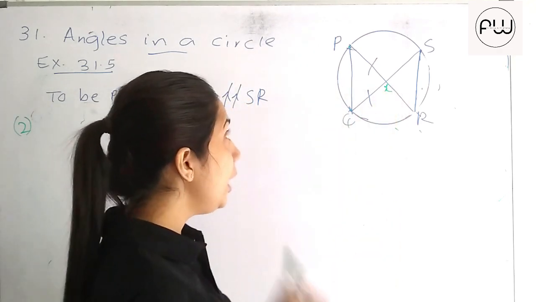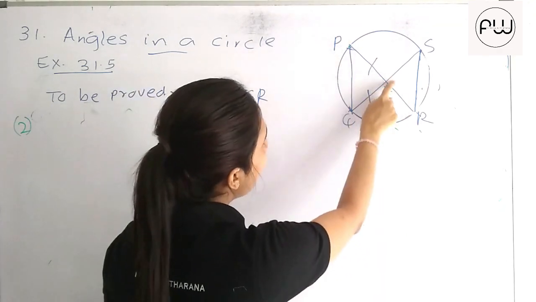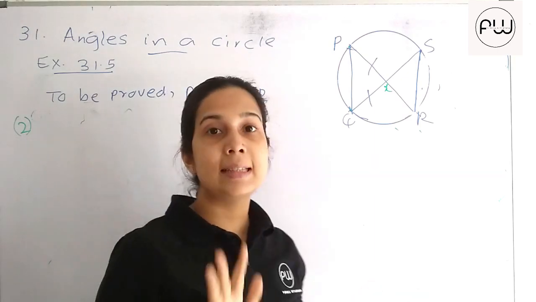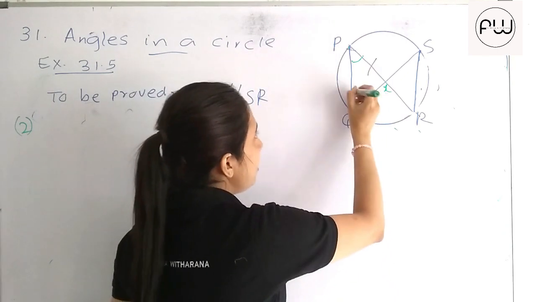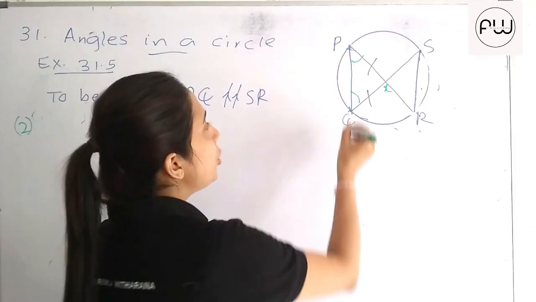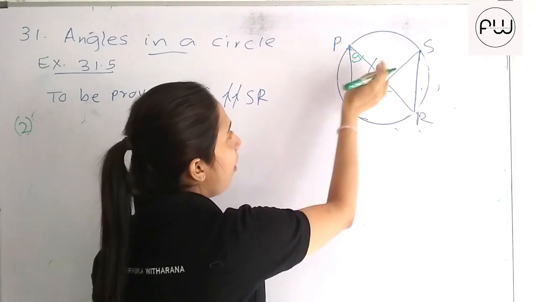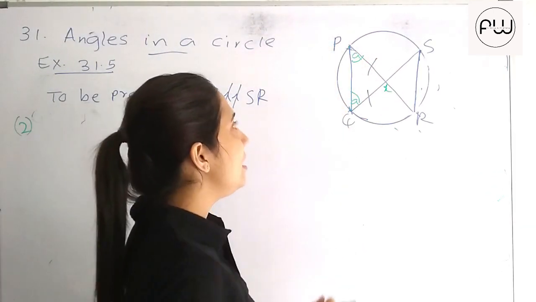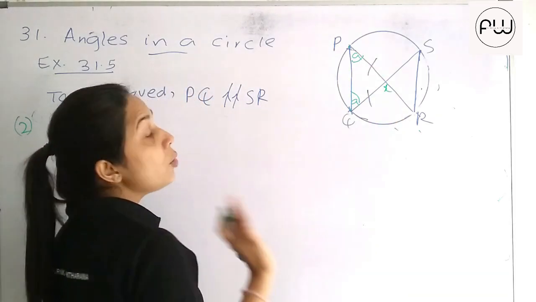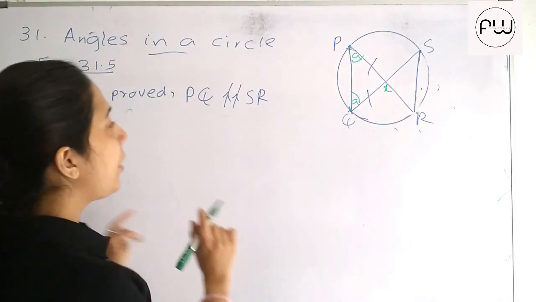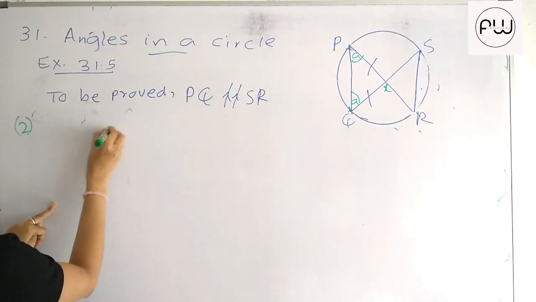Then if we consider triangle PXQ, that's an isosceles triangle. Then these two angles also should be equal because this is an isosceles triangle. Then if this is A, this one should also be A.